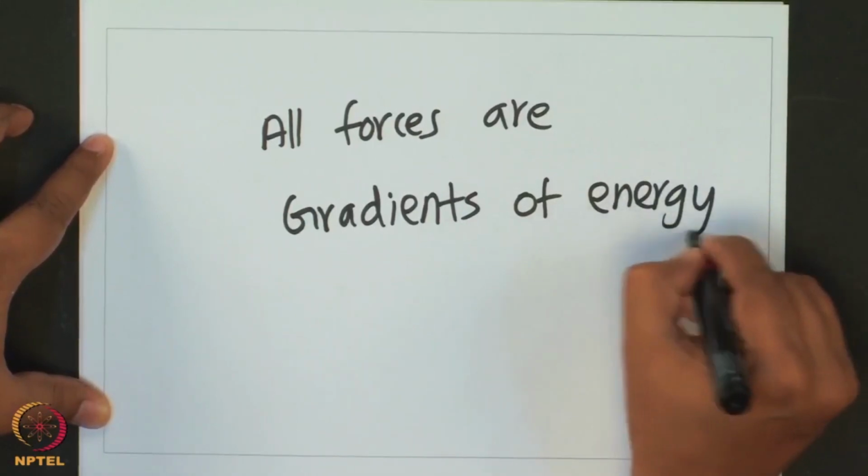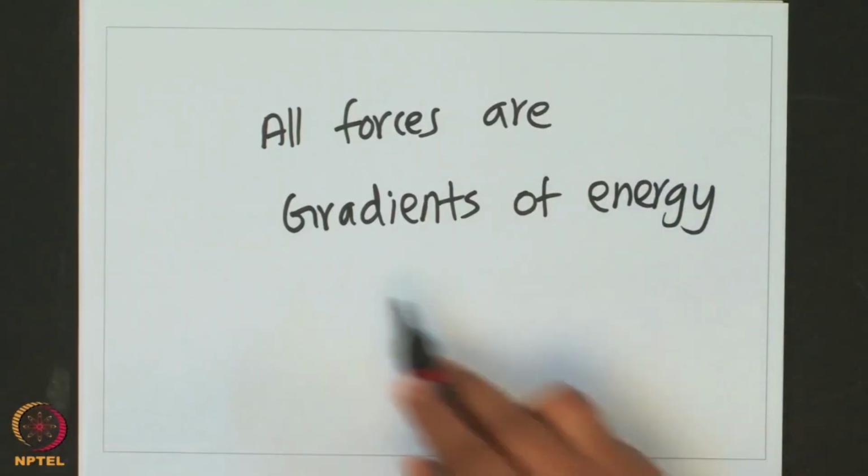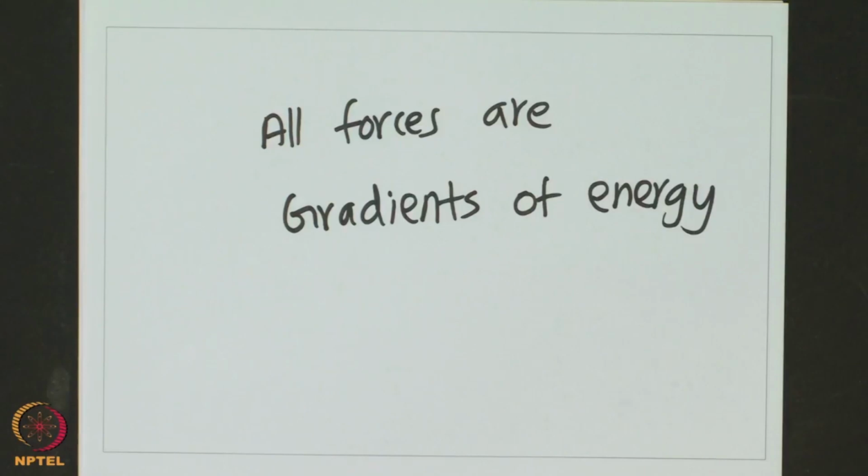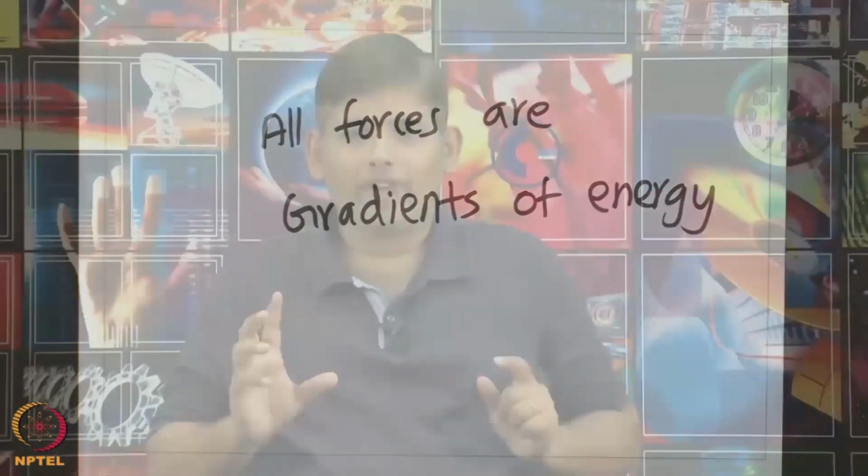And it turns out that we can only measure this gradient in energy, which is typically called the potential difference. We cannot measure the energy itself absolutely. We typically only measure the change in energy, which is basically the force.